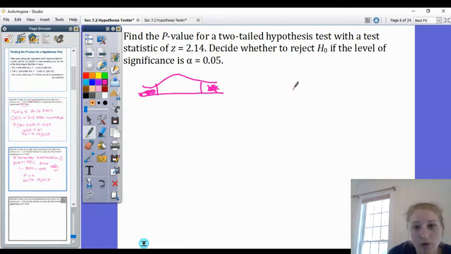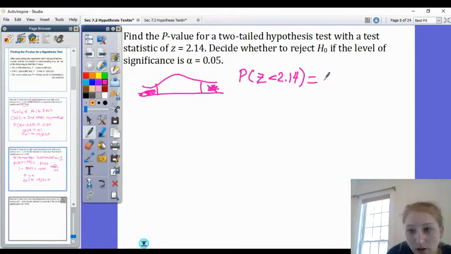First, just like we did the last time, we're going to find the probability that Z is less than 2.14.